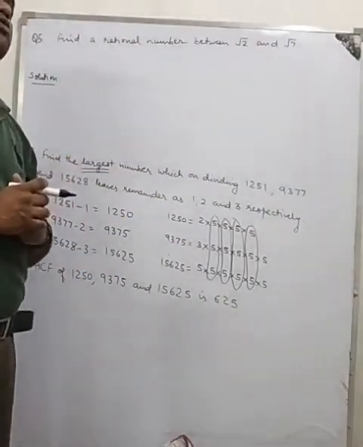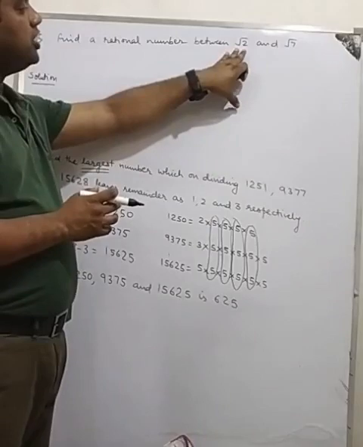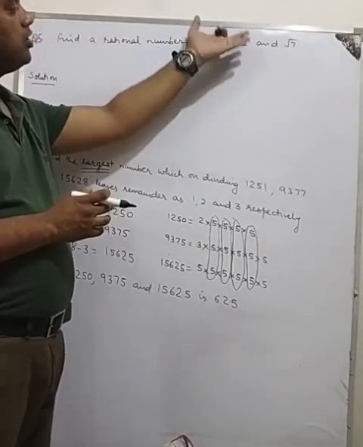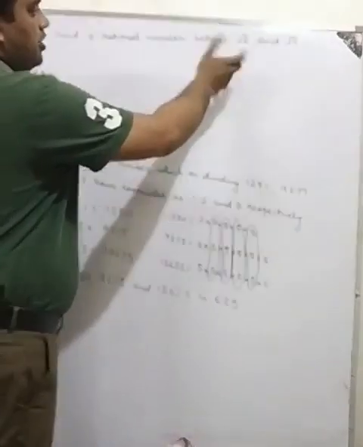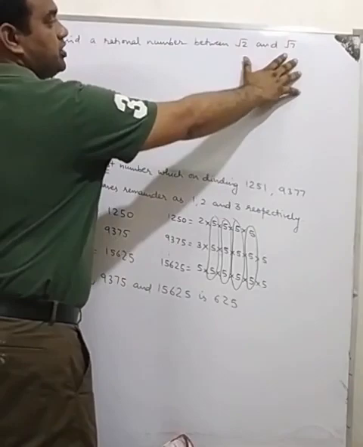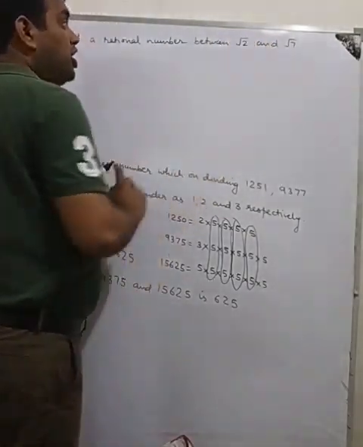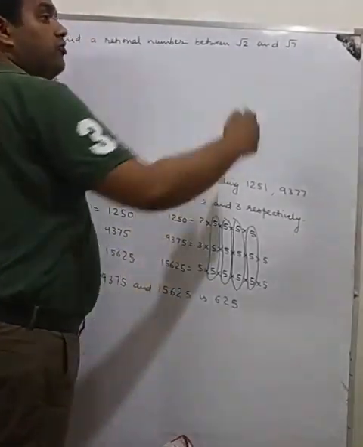Now how will we know the value of root 2? So we take something approximate. It is 1.414, but if you don't know, let's take 1.5, something like this, and root 7 is less than root 9, that is 3. So any number between 1.5 and 2.5 works.